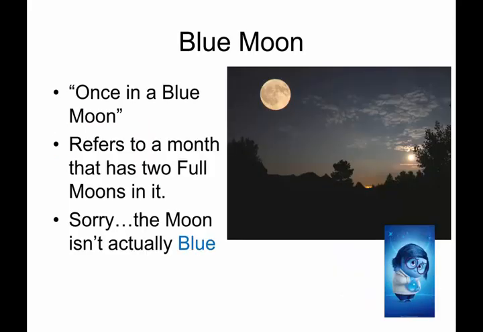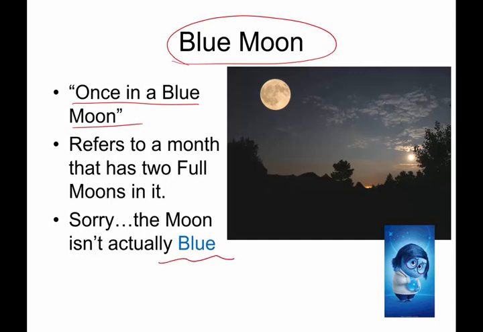A couple of things you hear about the moon. News media very commonly says, oh, there's going to be a blue moon this month. Or there's the old expression, once in a blue moon, something fabulous happens. Historically, a blue moon means a month that has two full moons in it.